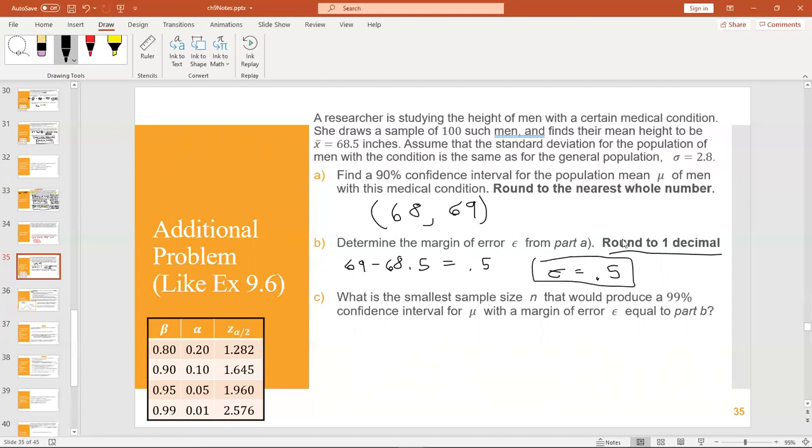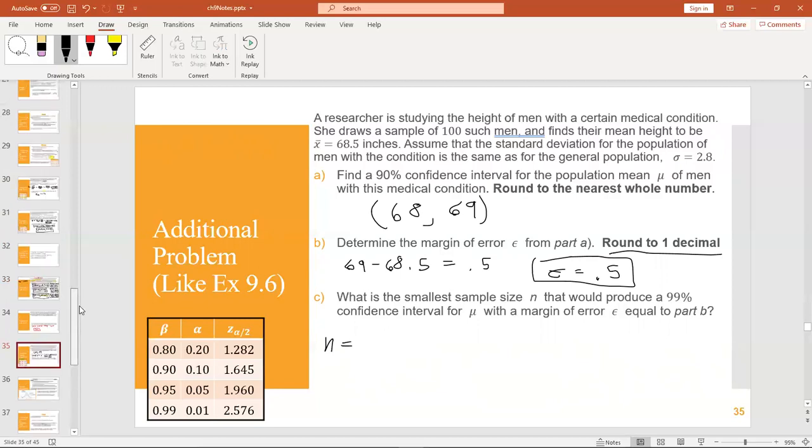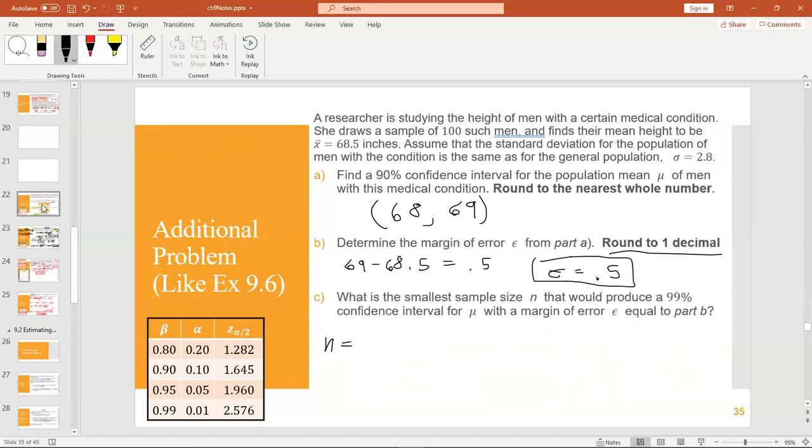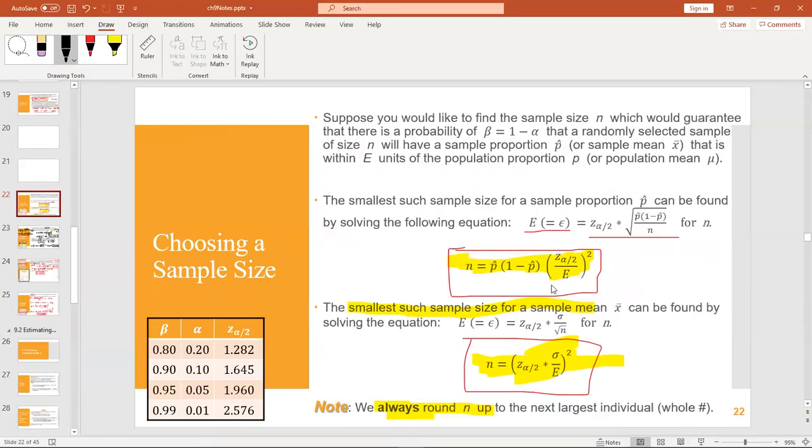What's the smallest sample size n that would produce a 99% confidence interval with that margin of error? So the formula we need for that, we had in the previous section. Let's look up that formula here.